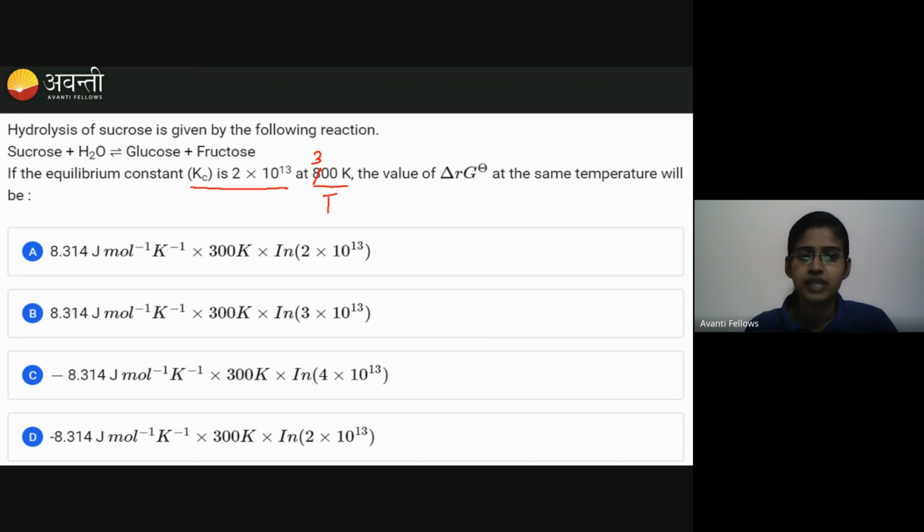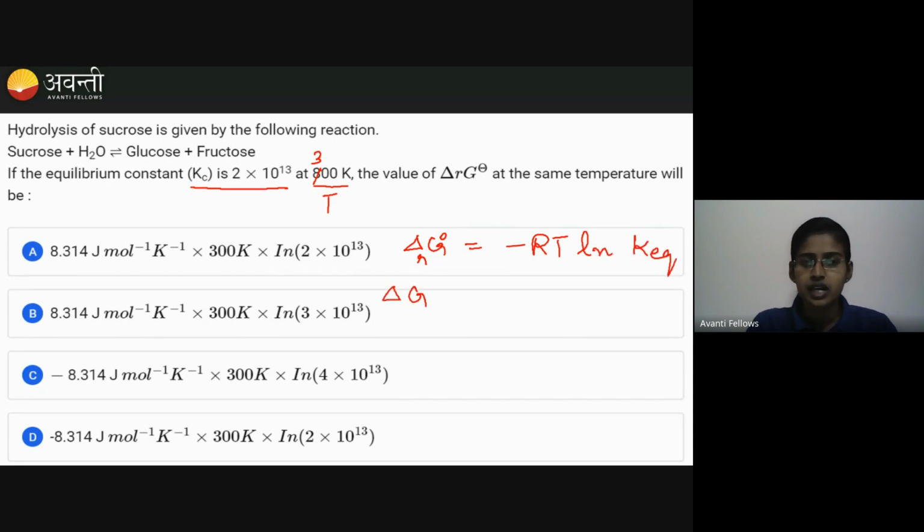Can anyone give me the correct answer? Using the correct relation? Option 4. Very good. So which relation we have to use? Delta G R naught is equal to minus RT ln Keq. That's all, right?